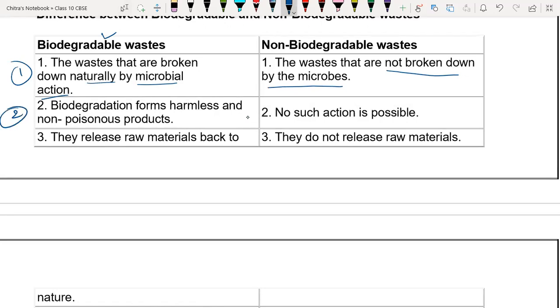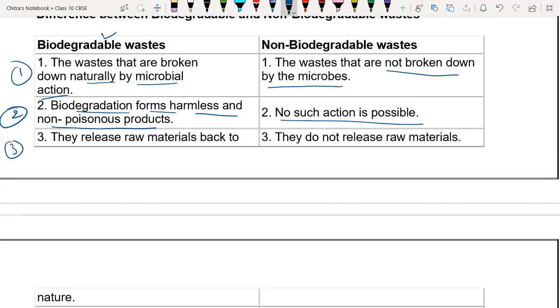Second point, again very important, biodegradation forms harmless and non-poisonous products. Most of the time, when biodegradation takes place, that waste is then used as manure and organic fertilizer in crop fields. But for non-biodegradable waste, no such action is possible because they do not decompose like biodegradable waste.